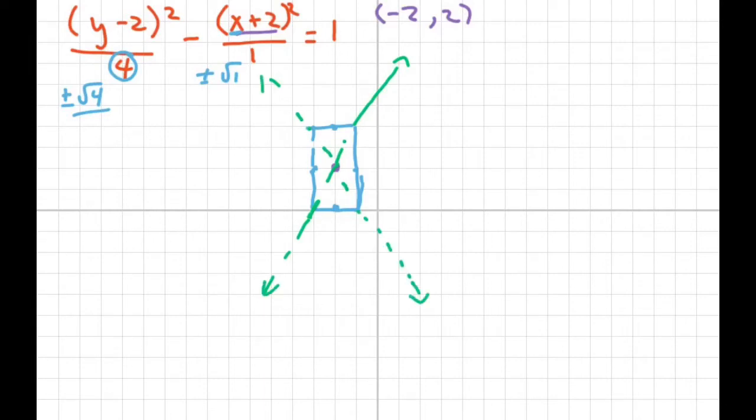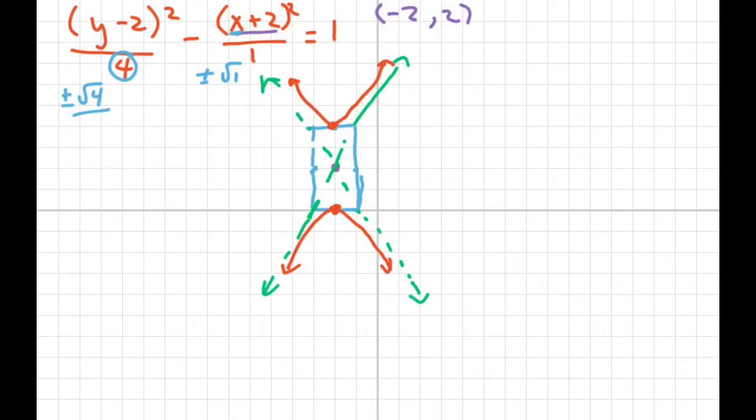And without doing all the other stuff, we know that since y is first, it opens up and down. So I start at this vertex point here and go up, and start at this vertex point and go down.